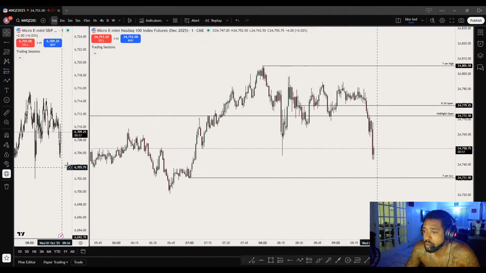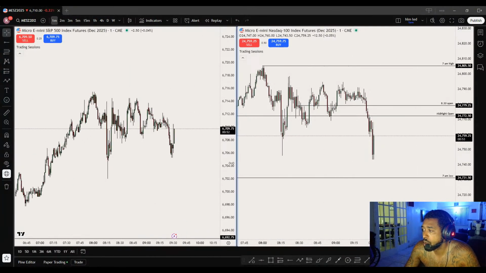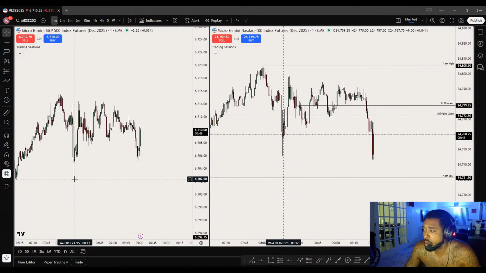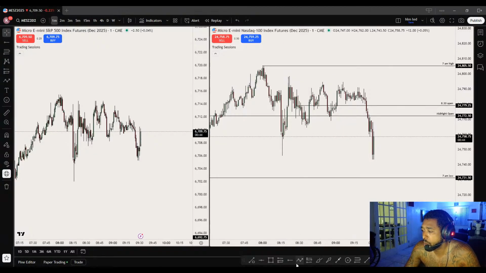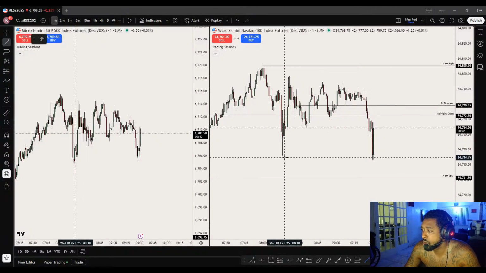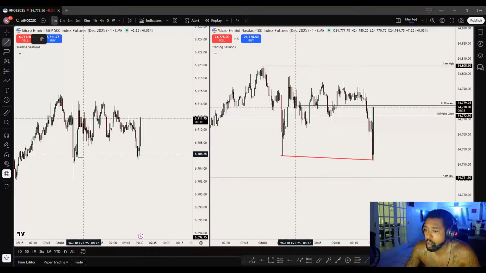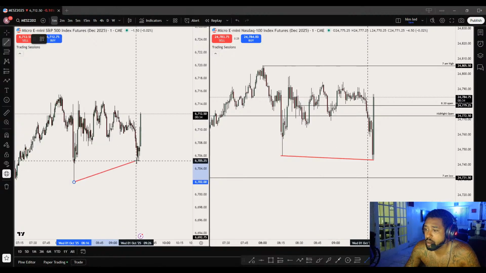We already got an SMT. That's crazy. Do we? Oh, sorry, yes, we got an SMT. So we already got SMT at market open. NQ took out this low right here, but as you see, ES didn't.